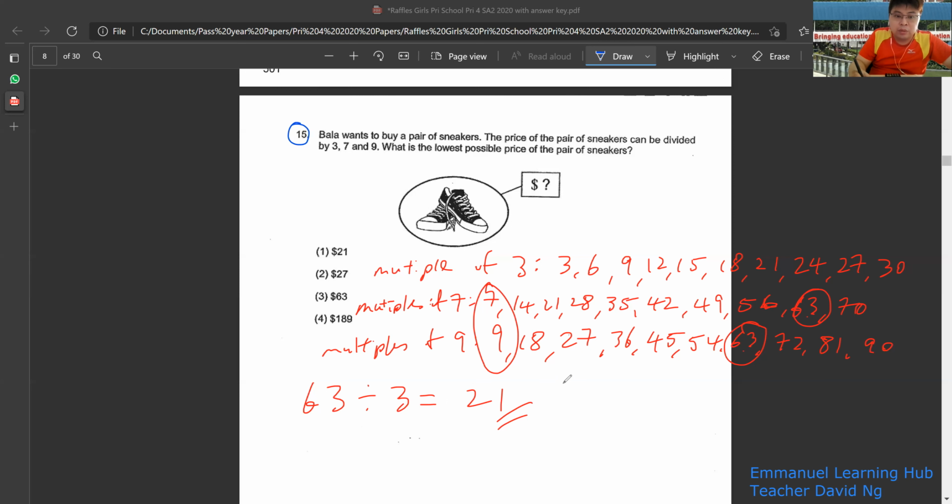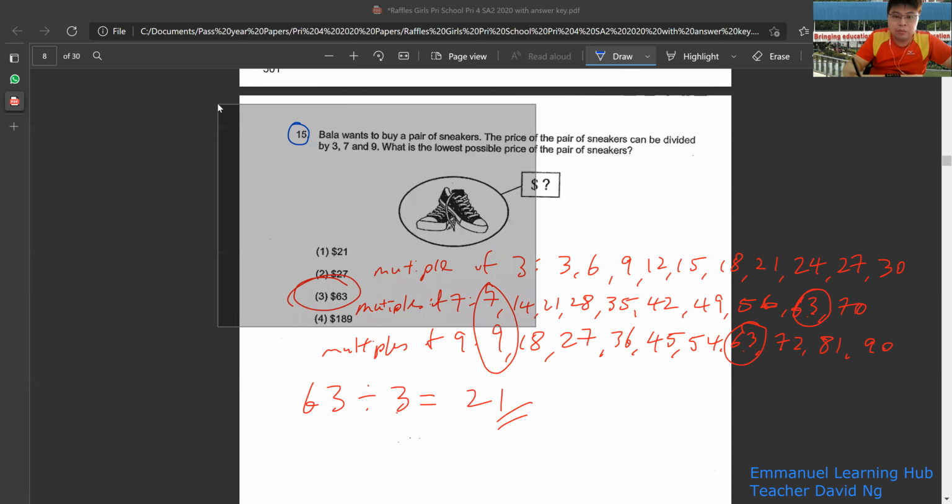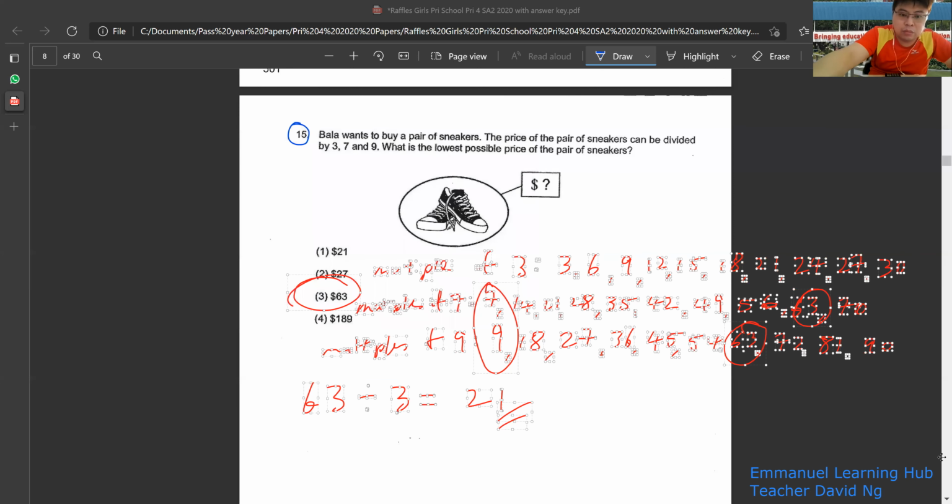Okay. So the answer is 63, because 63 is divisible by 3 also. All right.